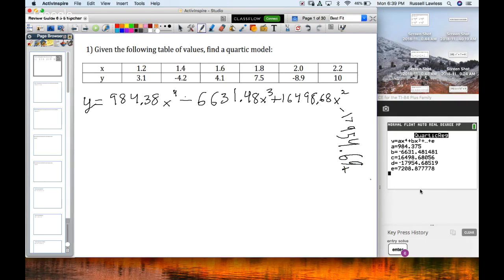And so that last value is the E value, and that's going to be our constant. And then we will add that to 7208.88.